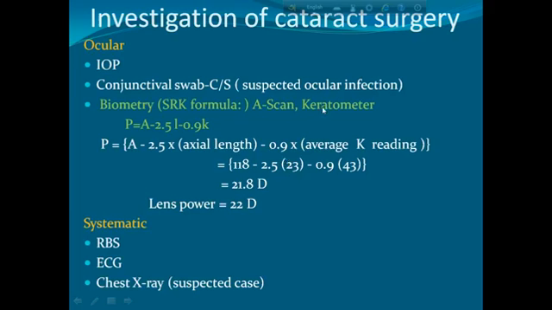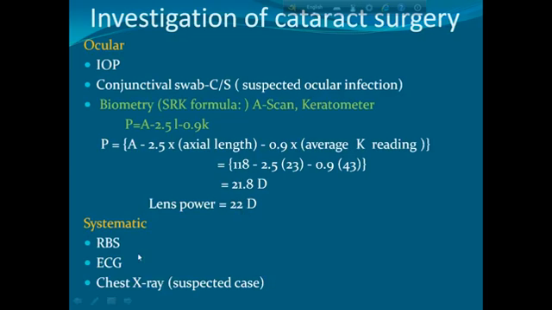And keratometer radius of curvature, average K reading, suppose 43. So by calculation we solve it: 21.8, that means 22. This is for the ocular investigations: intraocular pressure, conjunctival swab, and biometry.